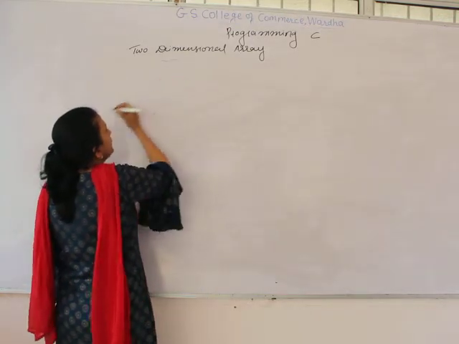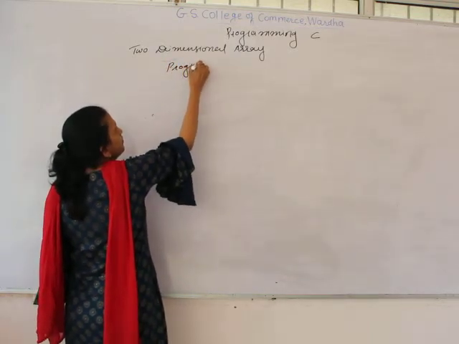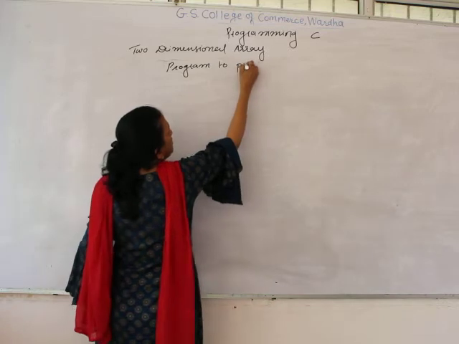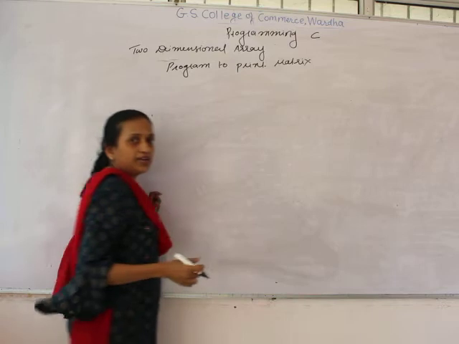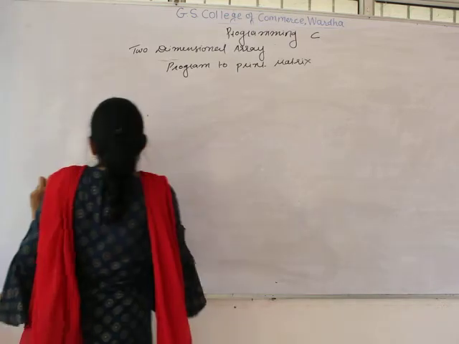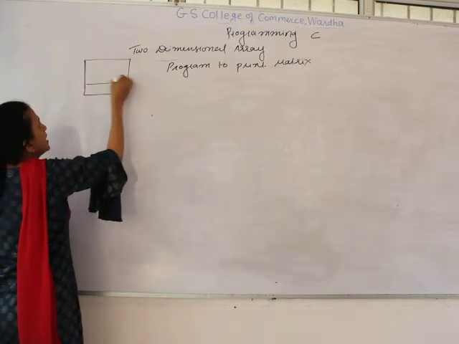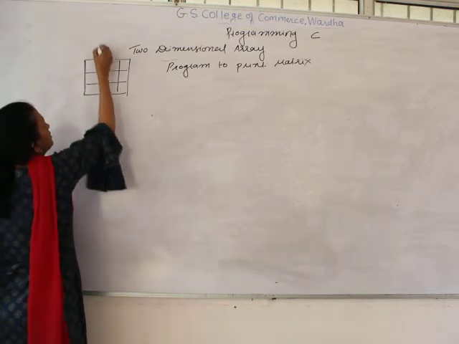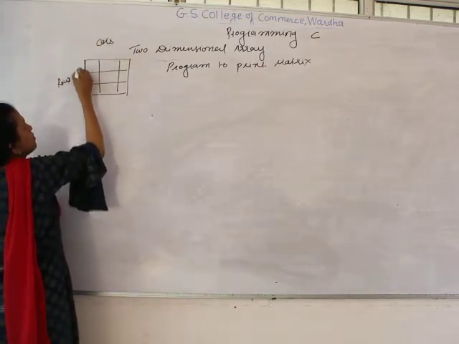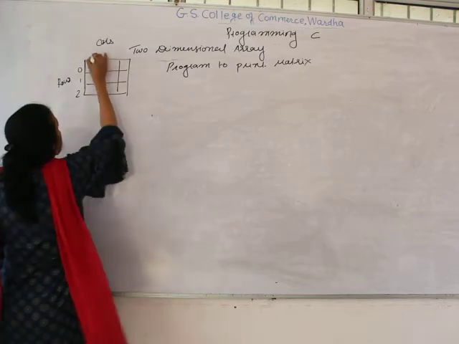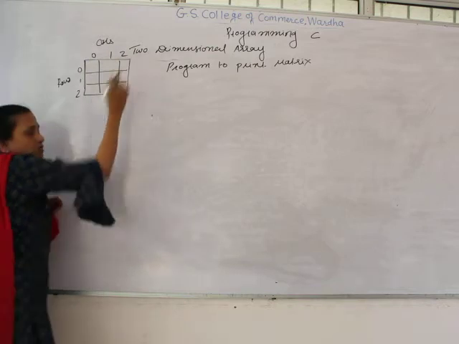So here is the program to print a matrix. We are taking a matrix of 3 rows and 3 columns. These are columns and these are rows. Rows always start with 0 and columns also start with 0, so we have 0, 1 and 2, 0, 1 and 2.